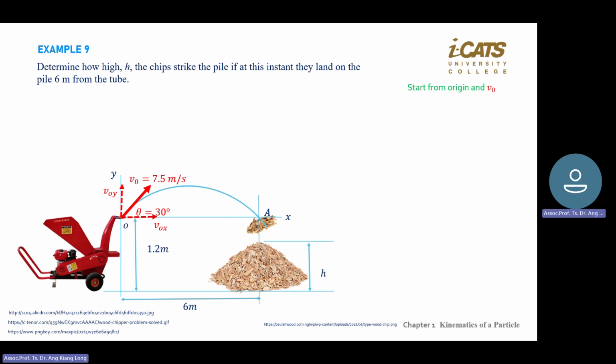Even if you don't know, you just write V0x and V0y, just to show that you understand that you need to break the vector into x direction and y direction. Once you do that, you use mathematics to find the magnitude of that vector. This one I skip, very fast. You know the direction: one is horizontal, one is vertical.